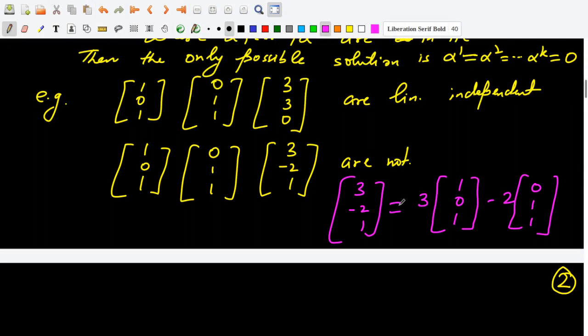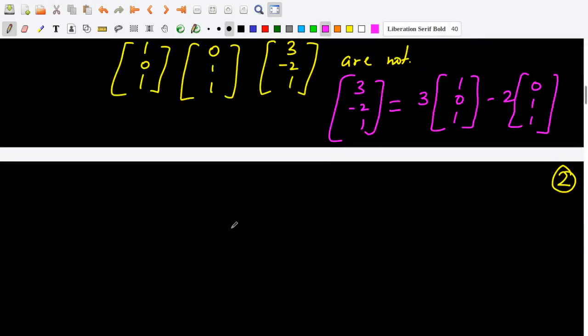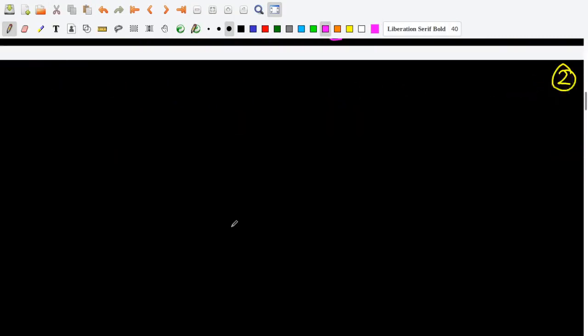And geometrically, in 2 dimensions, these 2 vectors are linearly independent, but these 2 vectors are not.